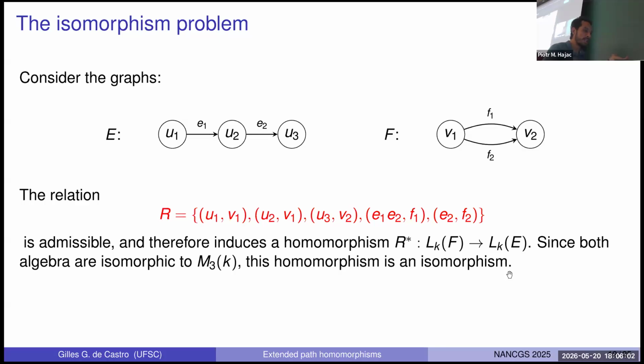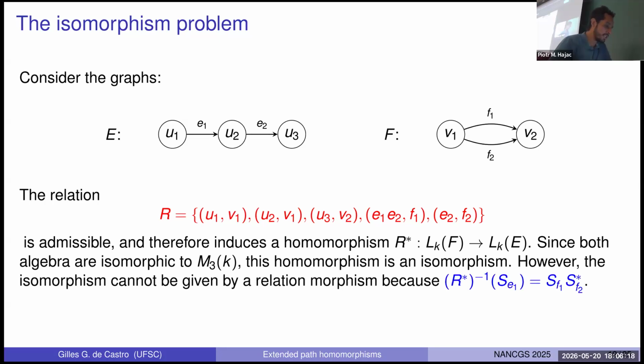And because we are talking about 2x2 matrices, which is a simple algebra, this homomorphism is an isomorphism because it's finite dimensional and injective. And when we look at the inverse, we need to use stars.